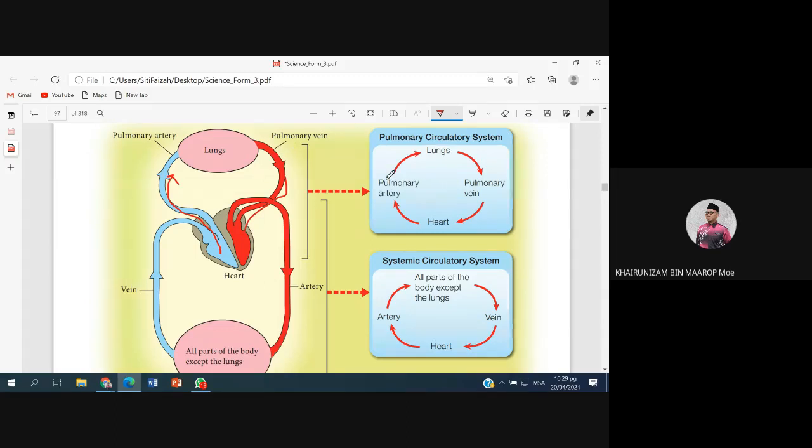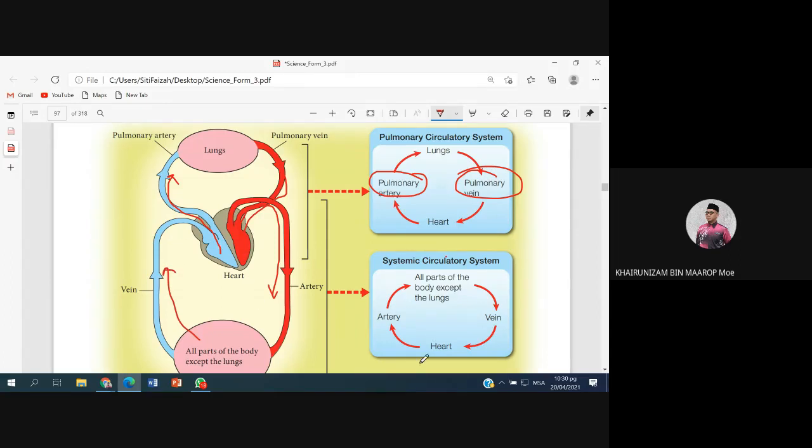So we call this the pulmonary circulatory system. Another cycle of blood is the systemic, because the blood flows out from the heart and goes to all body parts and then enters through the vein back to the heart again.